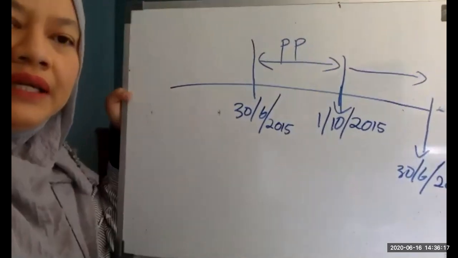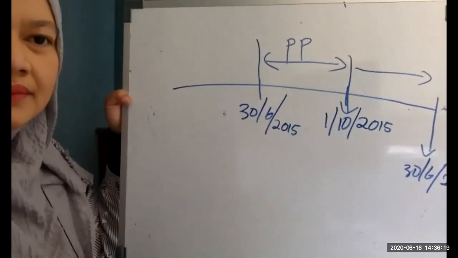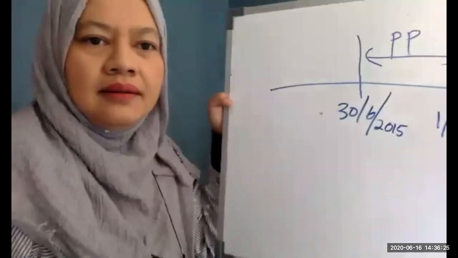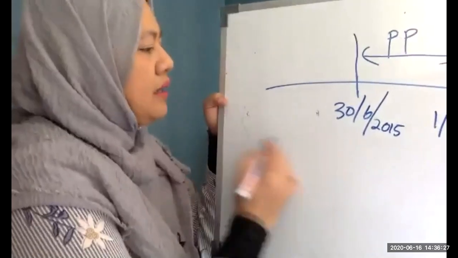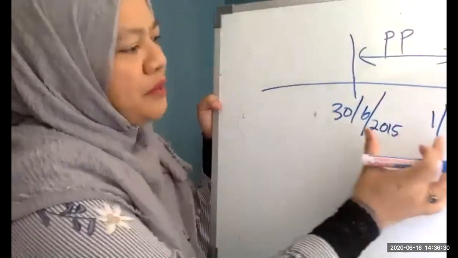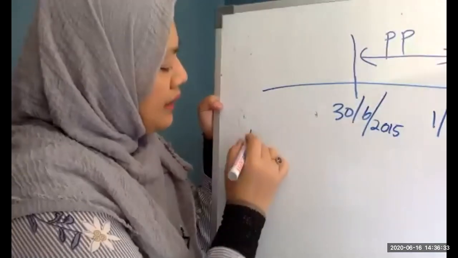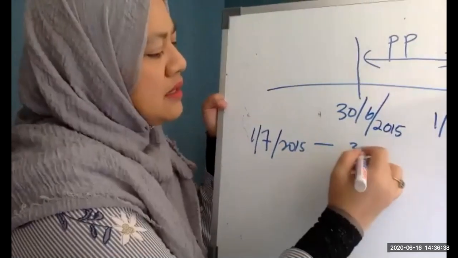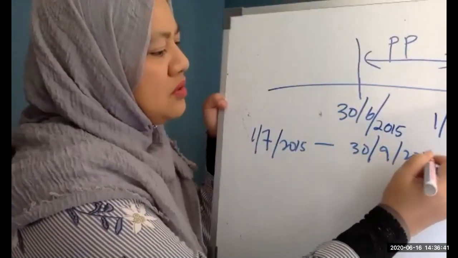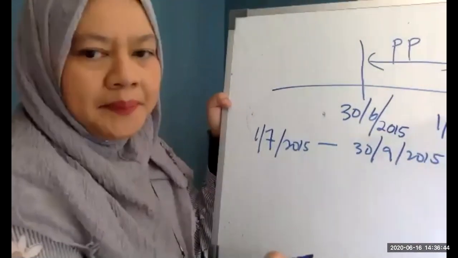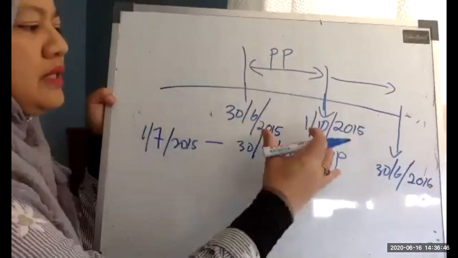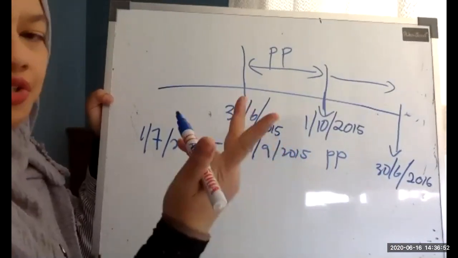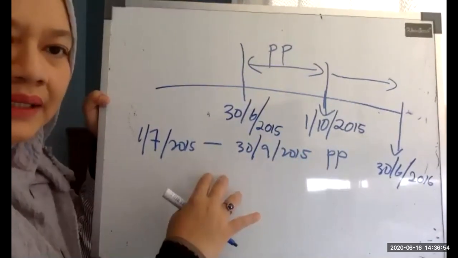How many months in 5 years? 60 months. So now you have a period from 1st July 2015 until 30th of September 2015. This is what we call the pre-pioneer period. Even though the year end is 30th of June, you have these 3 months: July, August, September. This 3 months is a pre-pioneer period.